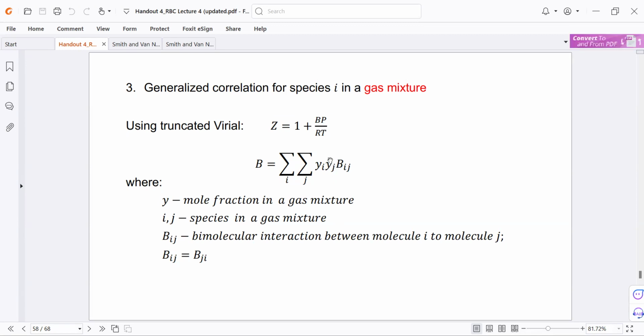Okay, so this equation just takes the sum of all of the interactions between two molecules, where I and J are our species in a gas mixture. So multiplying the mole fraction of each species with their interaction and summing all the interactions, you get the constant B.